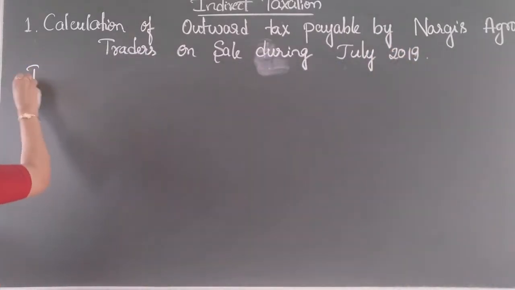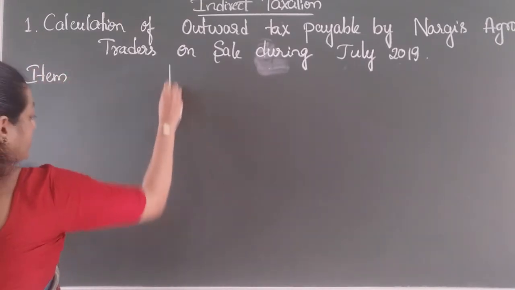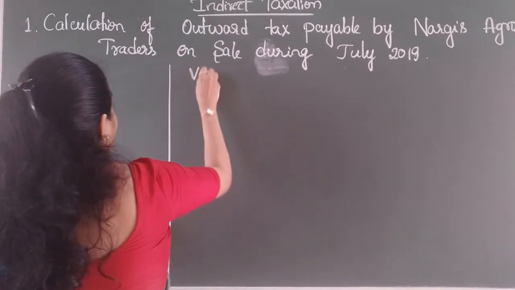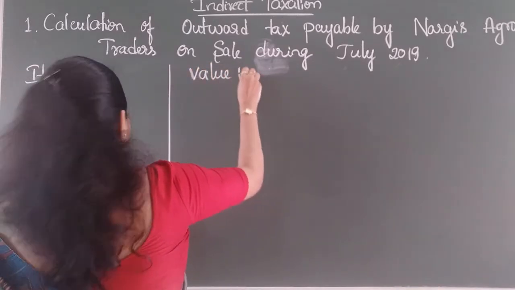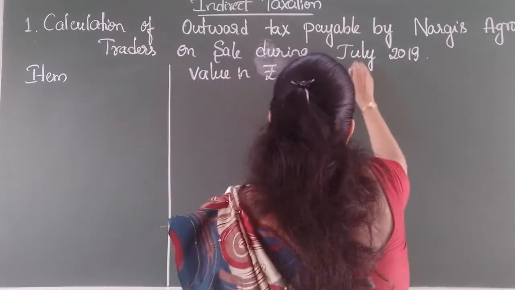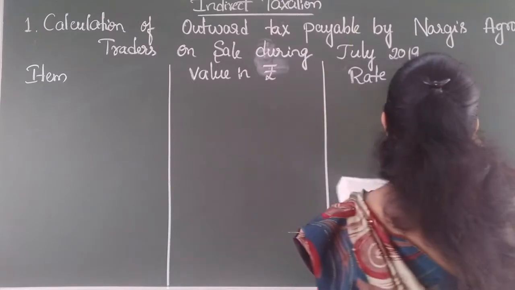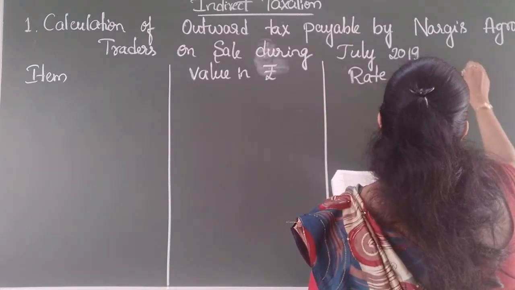So four columns: item, value in rupees, rate of tax, then tax in rupees.